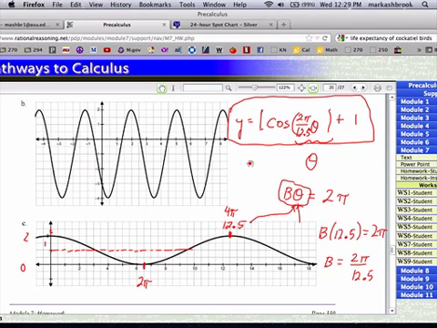Okay, so let's talk about that. So if we know the period is p, we want b theta to equal 2 pi when theta reaches this value of the period. So b equals 2 pi over p.